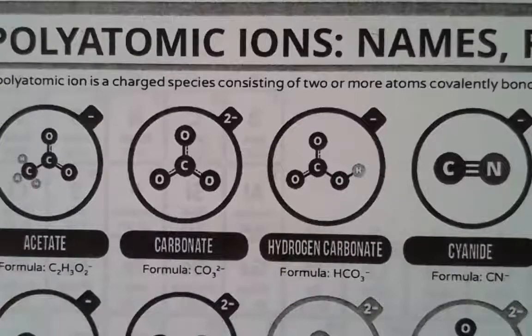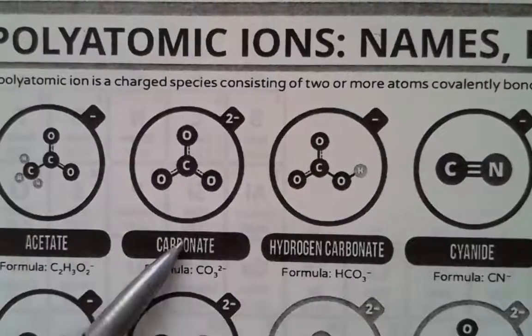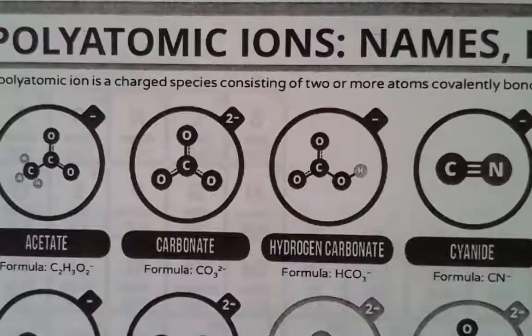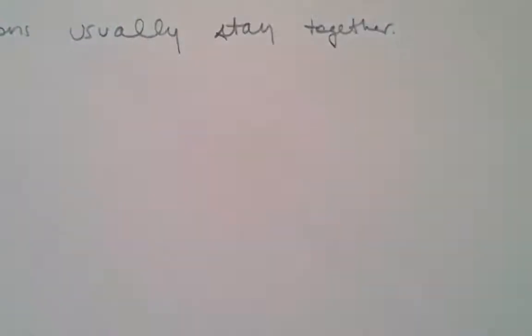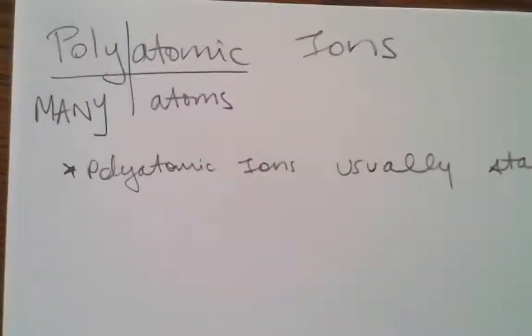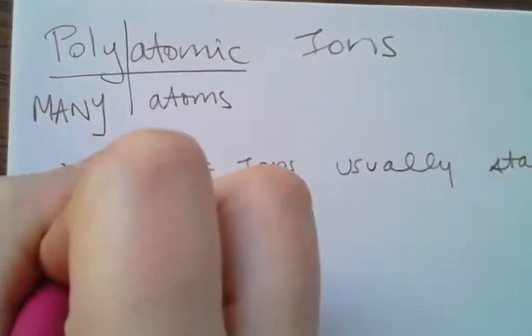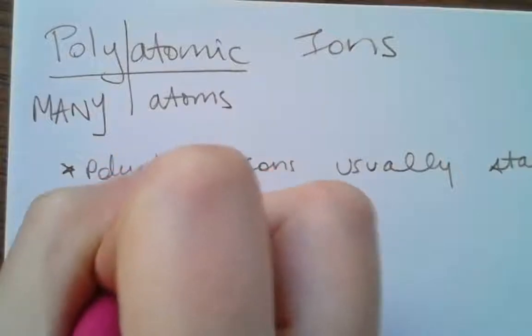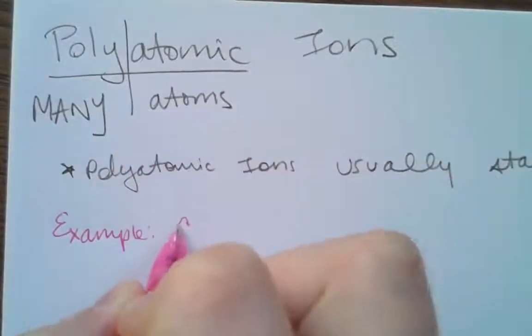In fact, your carbonate is also used in your favorite bubbly beverage. That is carbonation. So we'll just draw one example polyatomic ion just for fun, and that is carbonate.